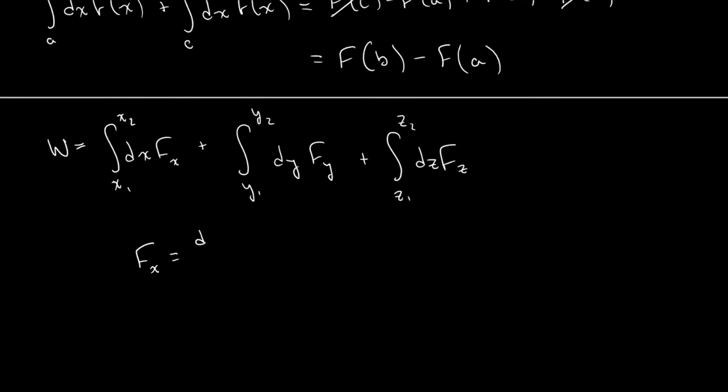So it looks like if I can write something like this, I'll give it a name. For right now, I'll call it v. fx equals dv dx, fy equals dv dy, fz equals dv dz. If I'm allowed to do this, then this will all work out and the work won't depend on anything but the endpoints, just like up here.